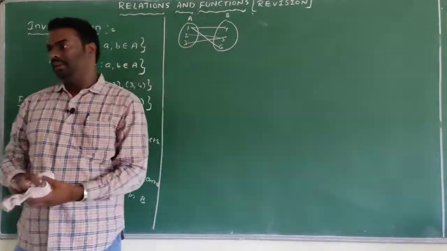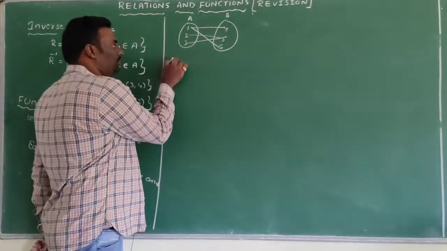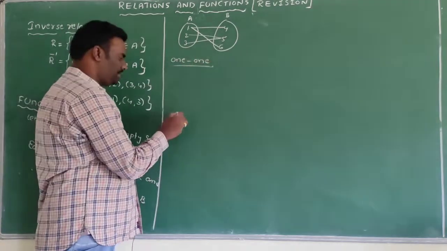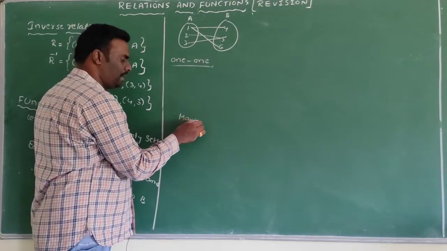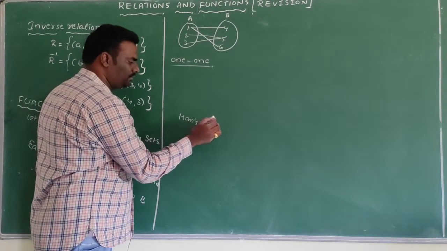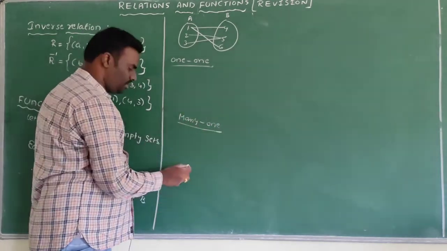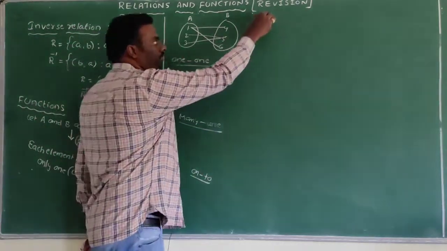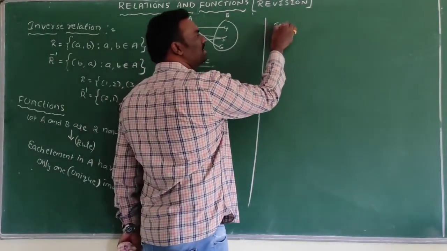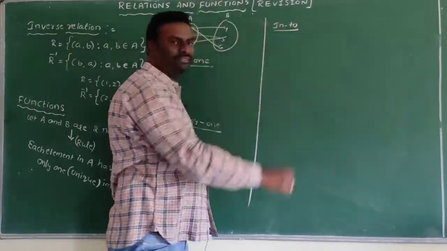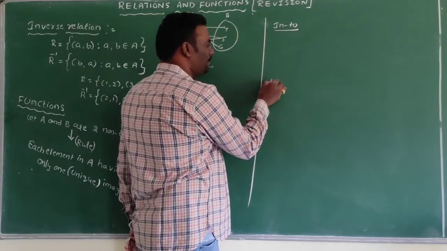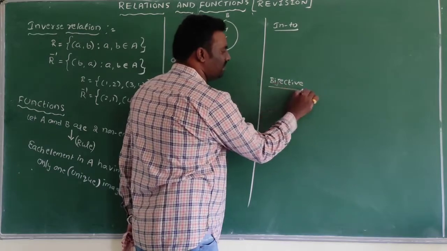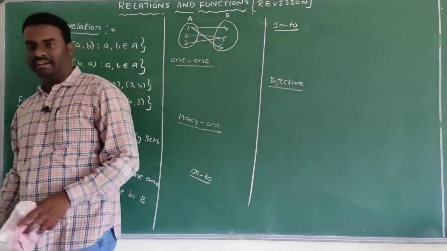Next, here we have one-to-one function. Next, many-to-one function. Onto function, into function. Next, bijective function. So these are the types of functions we have.